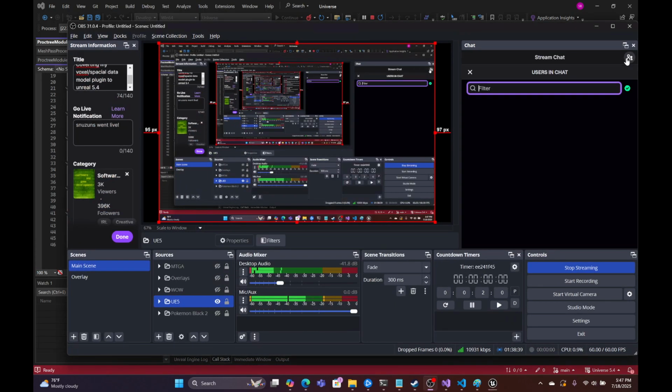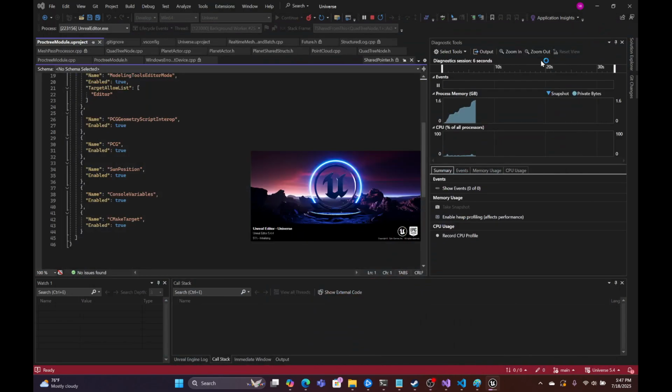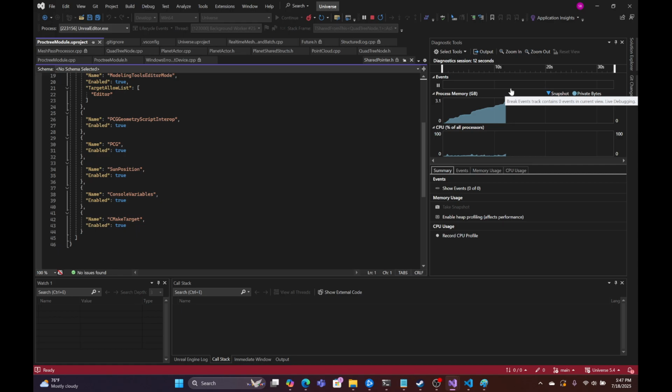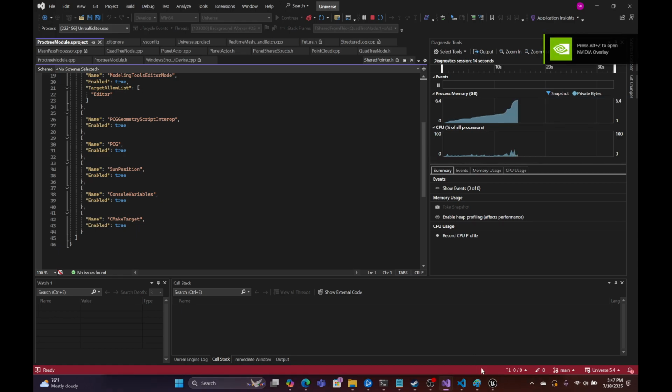I delete the planet, then I should be able to switch levels again, and then I can debug whatever's wrong with the galaxy particle system.